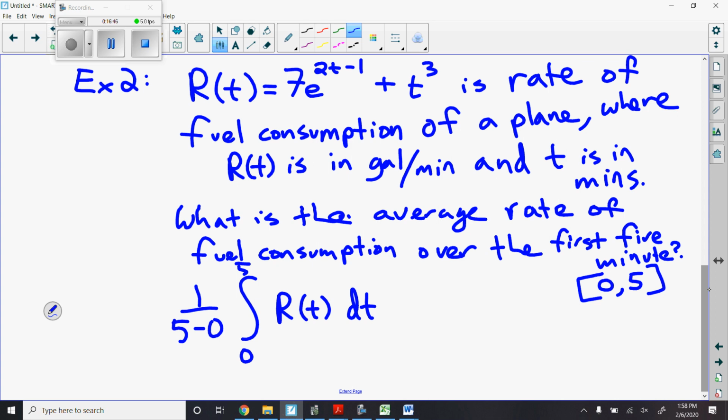Then I can just go to my calculator and complete this integral, right? When I enter it here, that 1 over 5 minus 0, I can just call it 1 over 5. Integral 0 to 5 of my function, which is 7e to the 2t minus 1 plus t cubed dt. So I'm just going to go to my calculator here and enter that.